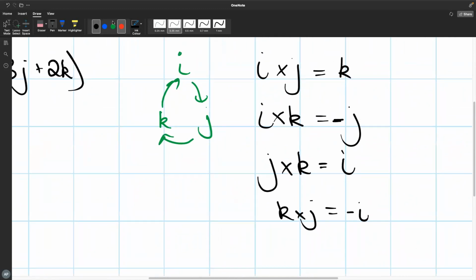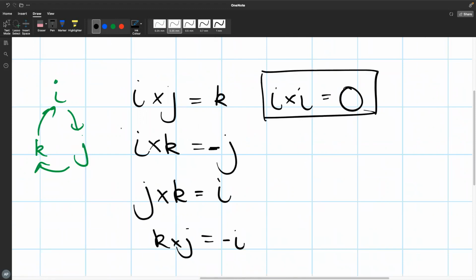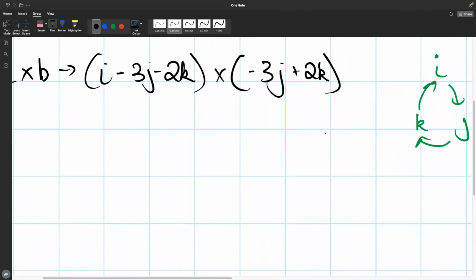Now it should be noted that if you are crossing the same components, so i cross i, you come back to the same place, and therefore that equals 0. The same goes for j and j, or k and k.